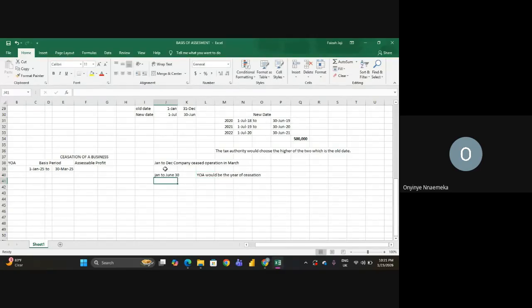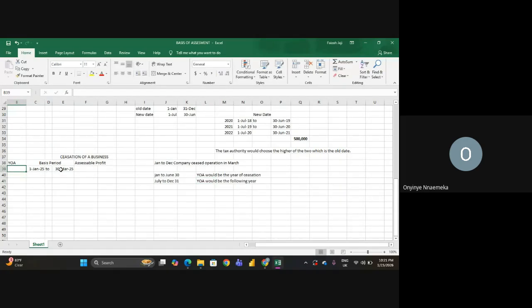But if their cessation date is from July to December 31st, the year of assessment would then be the following year.